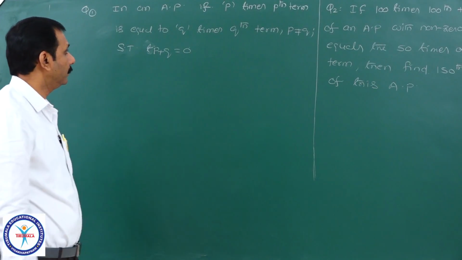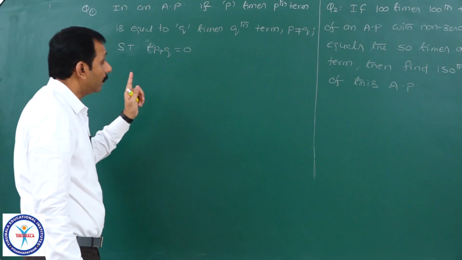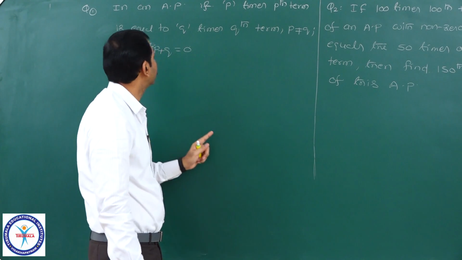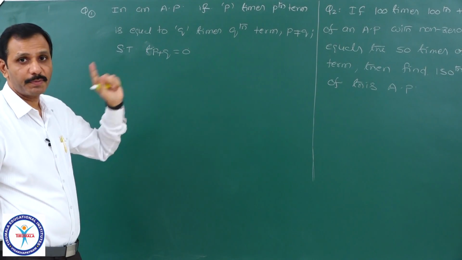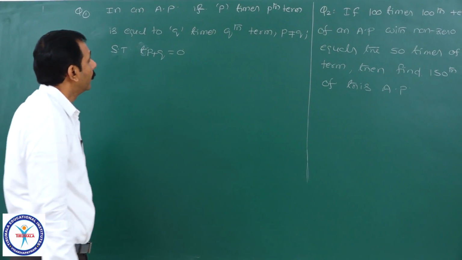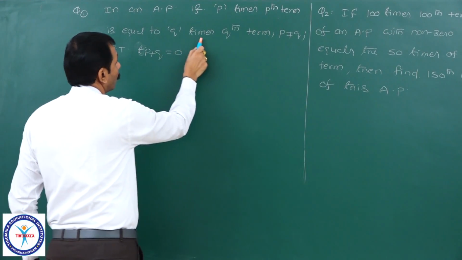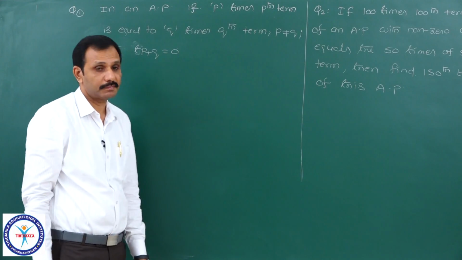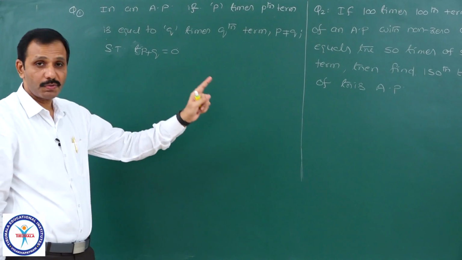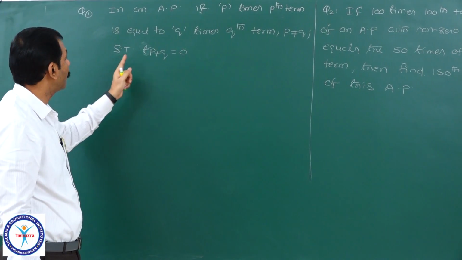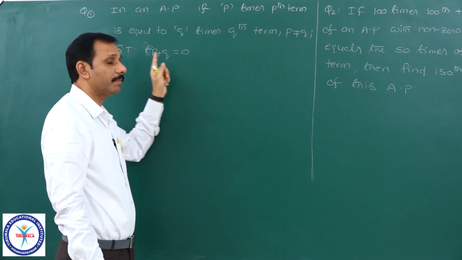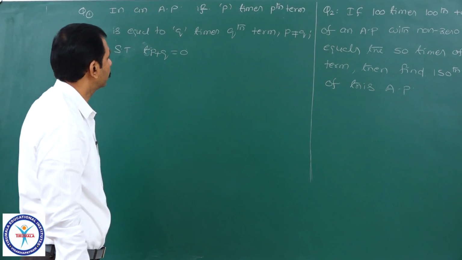Okay, next problem. Even this one is a model previous JEE problem. In an arithmetic progression, p times the pth term is equal to q times the qth term, where p and q are not equal, then show that the (p plus q)th term is equal to 0.